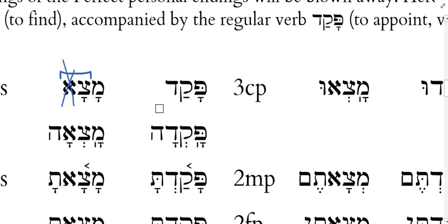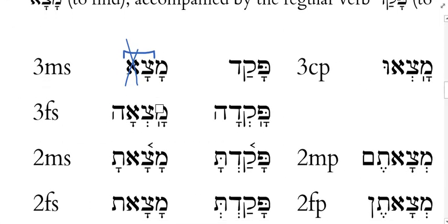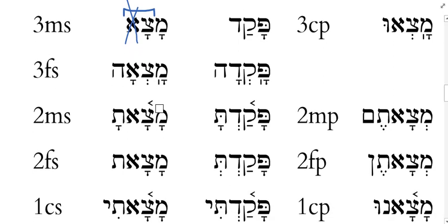Now, let's just look at how this problem is affected by the forms. Paqad, matza. He appointed, matza, he found. Matza is to find. This is one of our new vocabulary words. Paqada, she appointed. Matz'a, she found. Do you see any peculiarities in matz'a compared to paqada? Is it different in form?